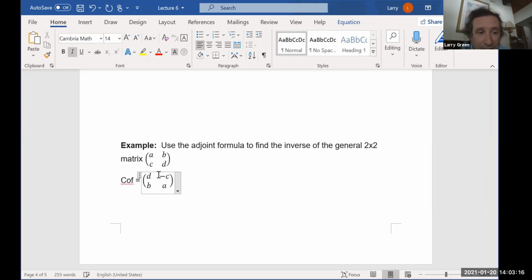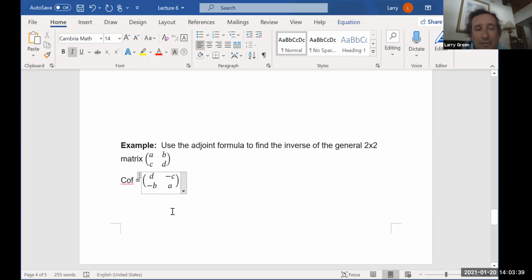So that's a negative C. And similarly, -1 to the 2 plus 1 is also -1. And this was, sorry, 1 plus 2. And here, -1 to the 2 plus 2 is 1. Any questions on that? So there's our cofactor matrix.